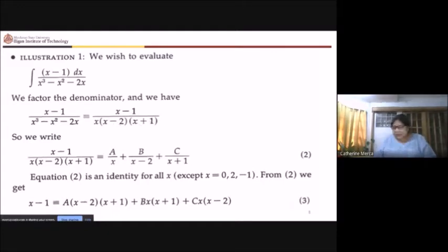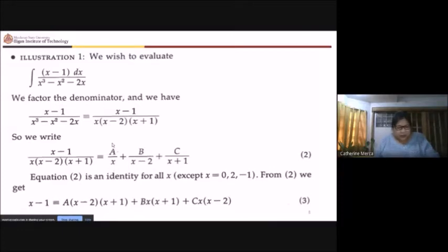So what is necessary here? It is necessary that you know how to factor. Okay, so that's the first thing that you have to be very careful of. Because once your factors are wrong, immediately the whole solution is wrong. So we write x minus 1 over this one as the factors x times x minus 2 times x plus 1, which is equivalent to a over x plus b over x minus 2.